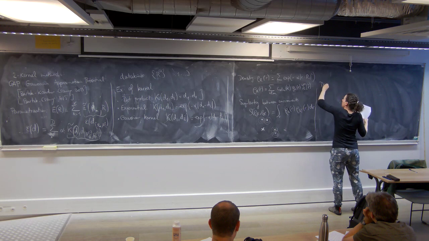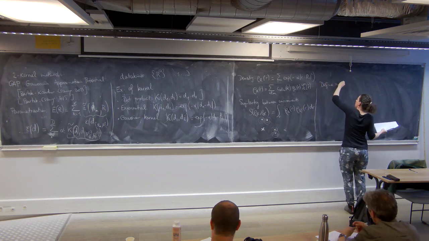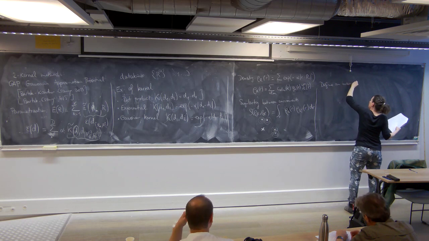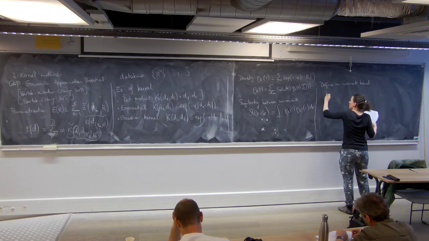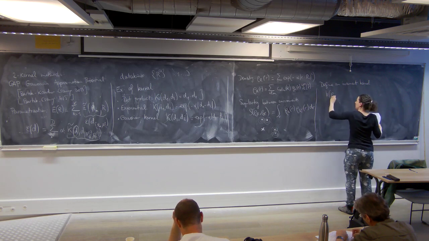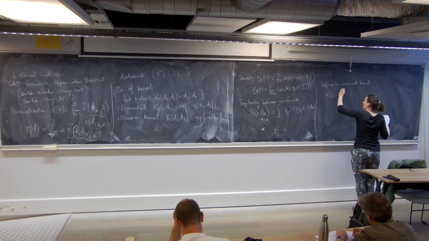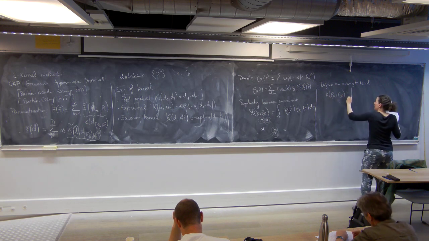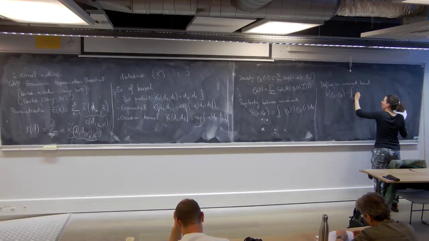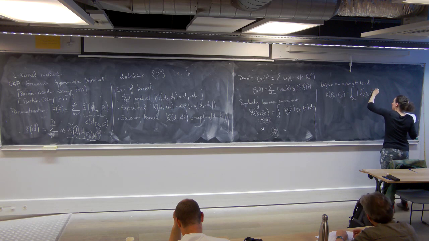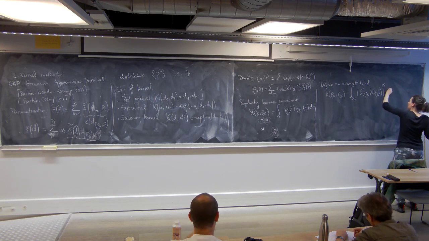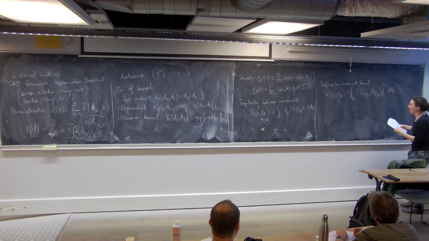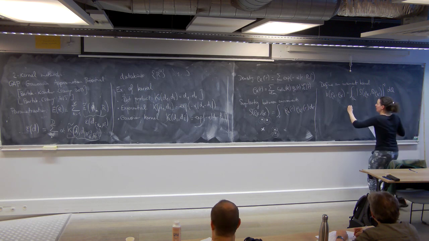So they define an invariant kernel K(rho, rho prime), which is defined as an integral over rotations of this similarity function, where we rotate.